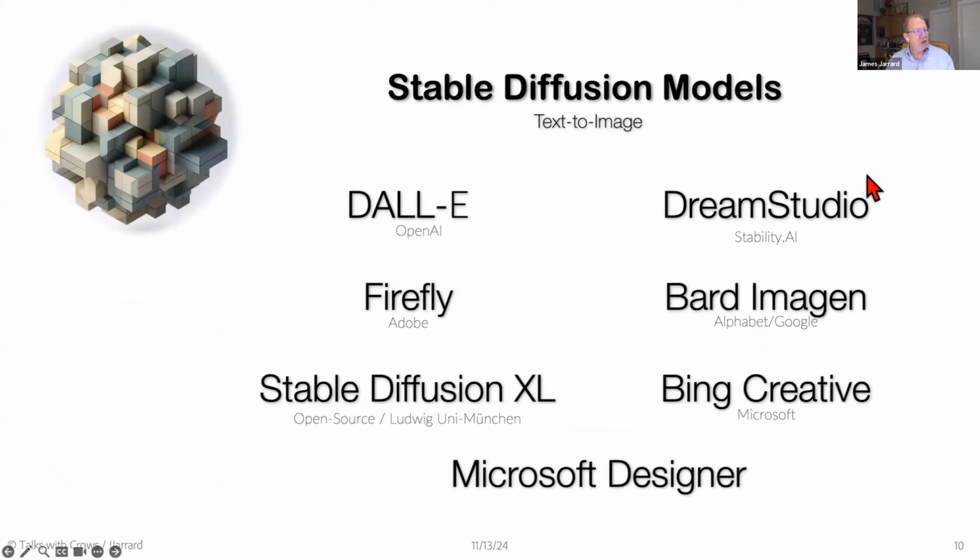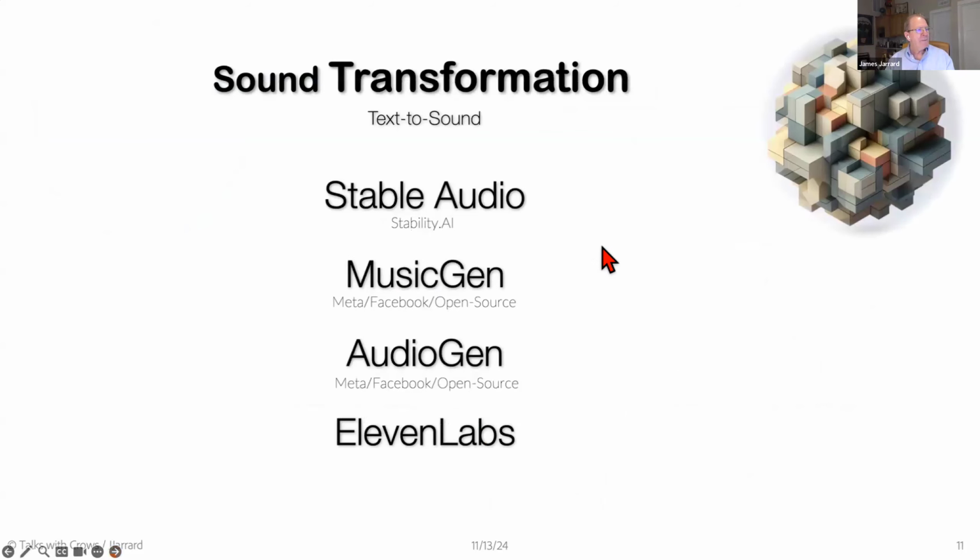We looked at Dream Studio first day. We looked at Firefly from Adobe. We are going to look at Alphabet's Imagen, and we're going to look at Bing Creative and Microsoft Designer today, hopefully.